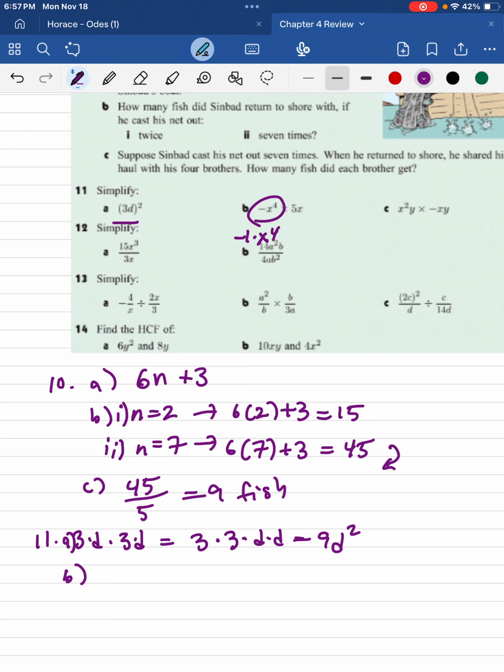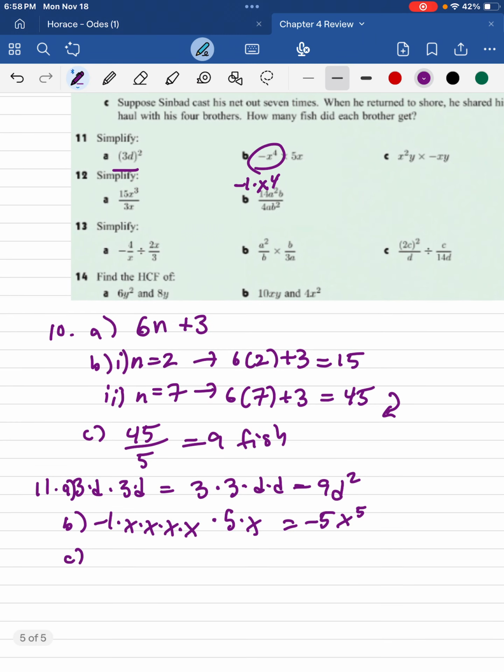So here, it's going to be the same thing as -1 times x times x times x times x times 5 times x. I will get -5x to the 5th. Part C, I have x times y times -x times y. The negative will go all the way through, so that I get -x cubed y squared.